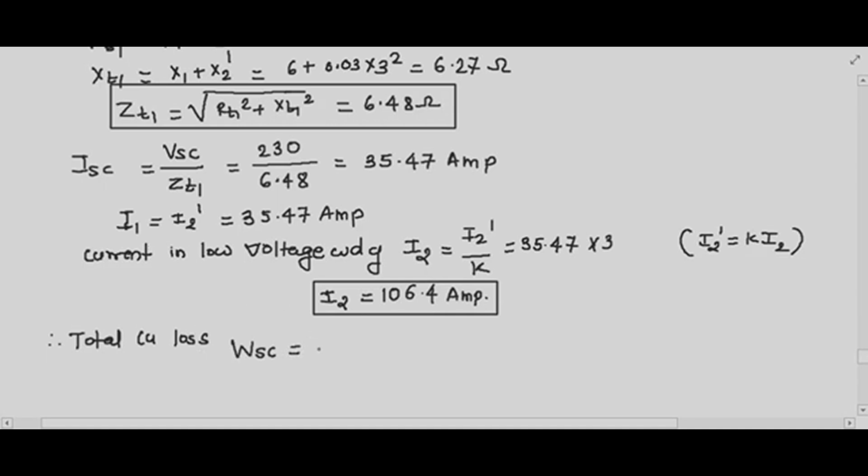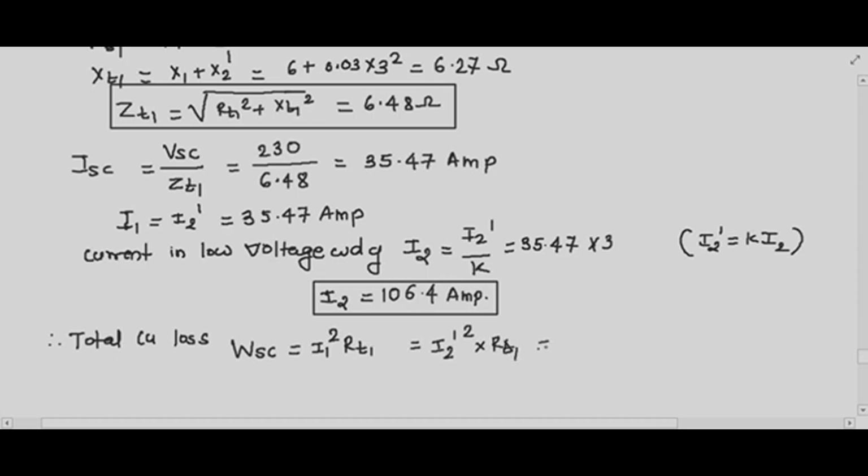So WSC is nothing but I1 square into RT1. But what is I1? I1 is nothing but equals to your I2 dash, which we got here, right? So I will write down here I2 dash square into RT1.